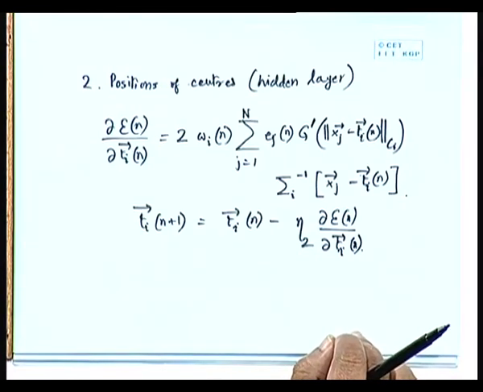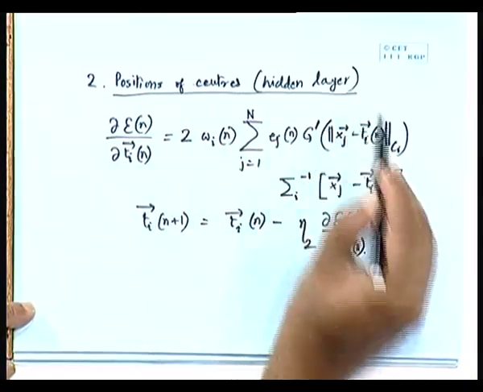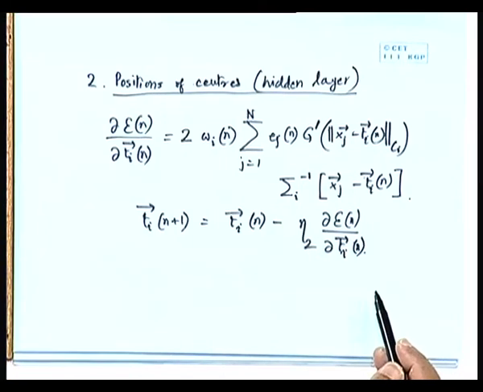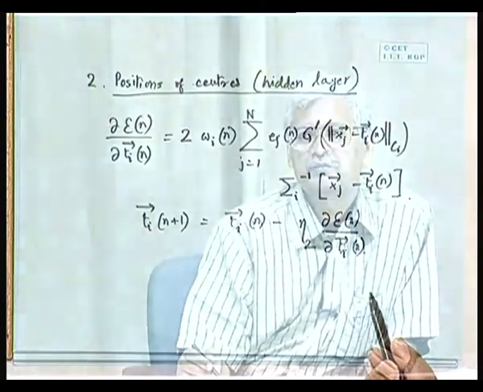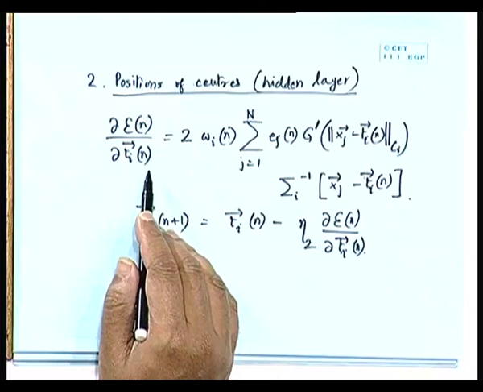And as I was telling you, in addition to the determination of the positions of the centers, even the spreading of the centers can also be determined in this case, in which case what we have to do is to differentiate this E with respect to Σ_i's.